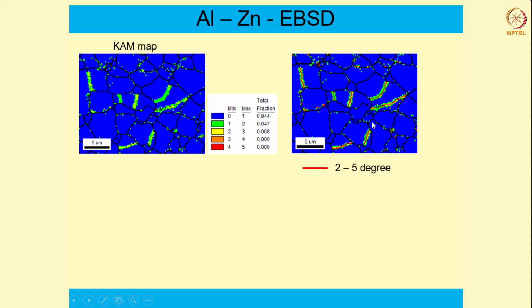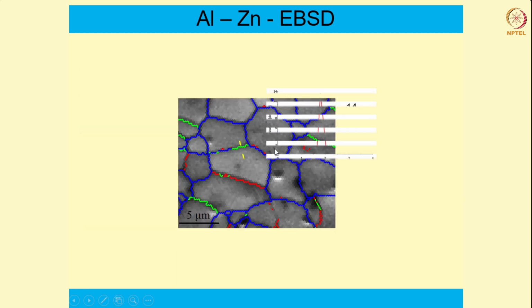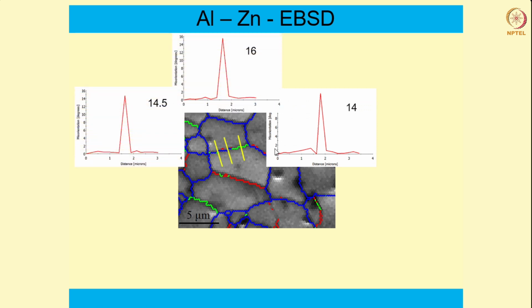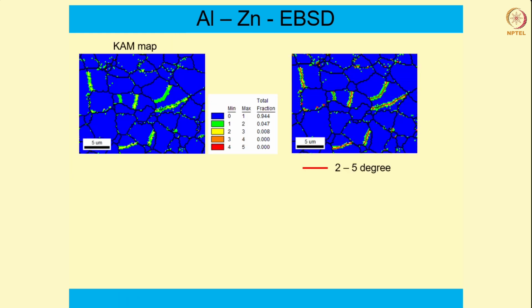So this reaffirms that the red color subgrain boundaries that we had seen before are actually dislocation boundaries, and then ultimately they are turning into high angle boundaries through a gradual increase in the misorientation across them.